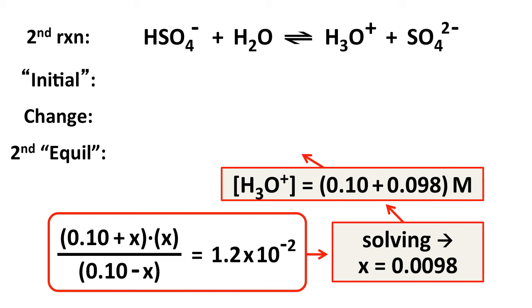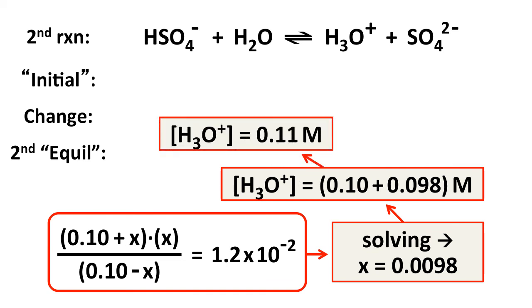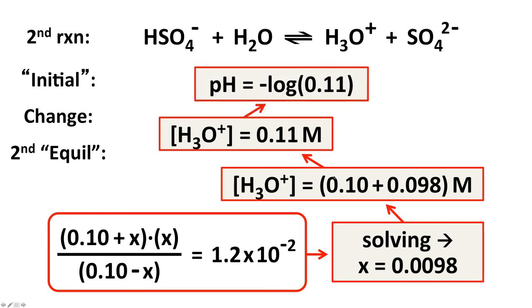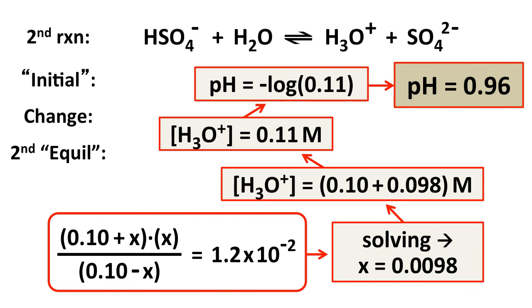This works out to be 0.11 molar overall, so we didn't get too much from the second dissociation, we got a little bit. And then the H3O plus concentration, if we take the negative log of that, that gives us the pH, and that worked out to be 0.96 for 0.1 molar sulfuric acid H2SO4 solution.